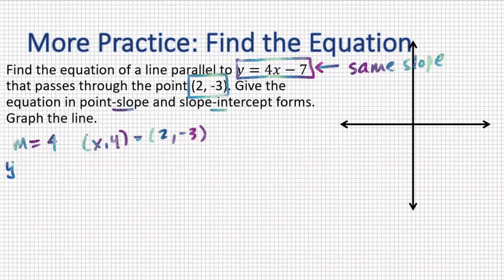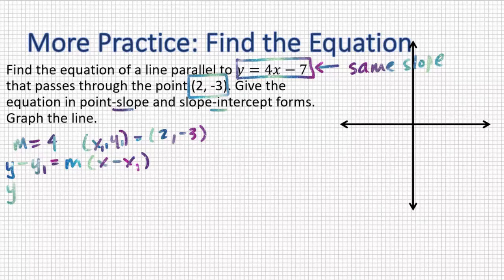Point-slope form again is y minus y1 is equal to m times x minus x1. In this scenario, the point that we're given, (2, -3), is x1 and y1. And y and x, without the subscripts, are the variables we're relating in this equation.